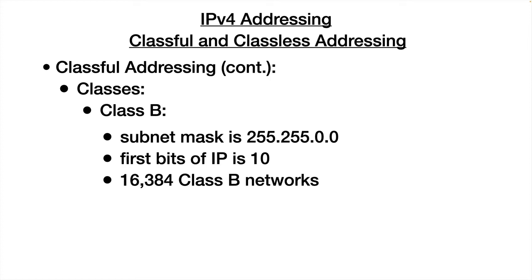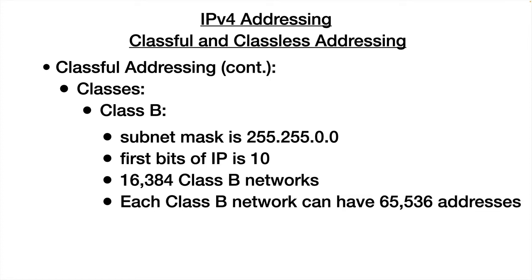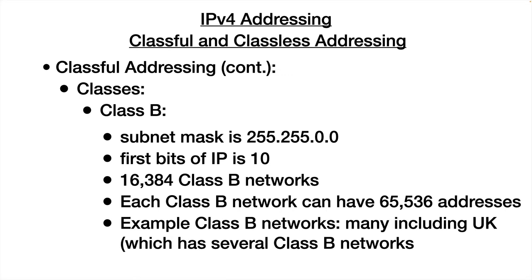There are a little over 16,000 Class B networks, and each of these Class B networks can have 65,536 addresses. As far as examples, at UK, our main public IP range is a Class B, but we also have about 4 or 5 more Class B networks that we use for several things.